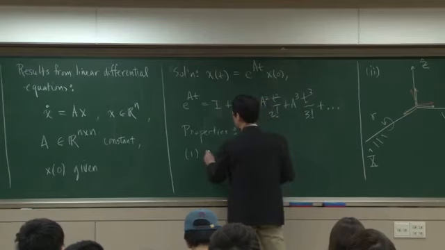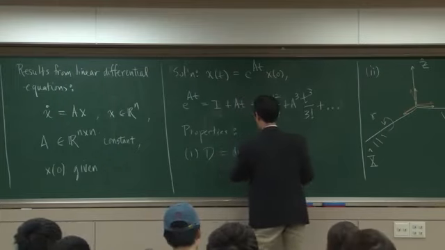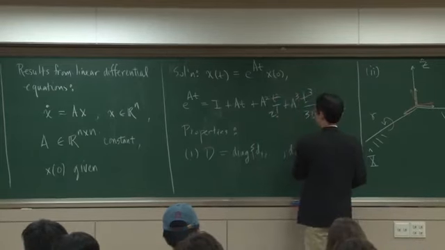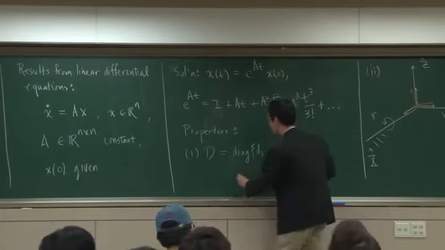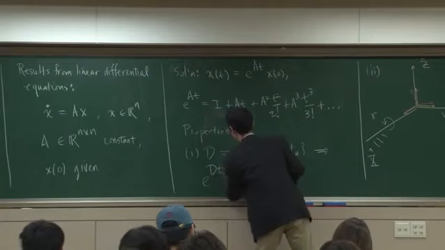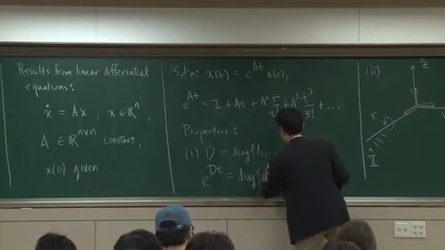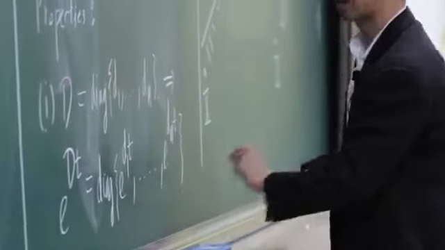The first thing we showed was that if D is a diagonal matrix, then its matrix exponential, e to the Dt, is another diagonal matrix with entries e to the d1 t through e to the dn t. So if A happens to be a diagonal matrix, it's particularly easy to find its matrix exponential.